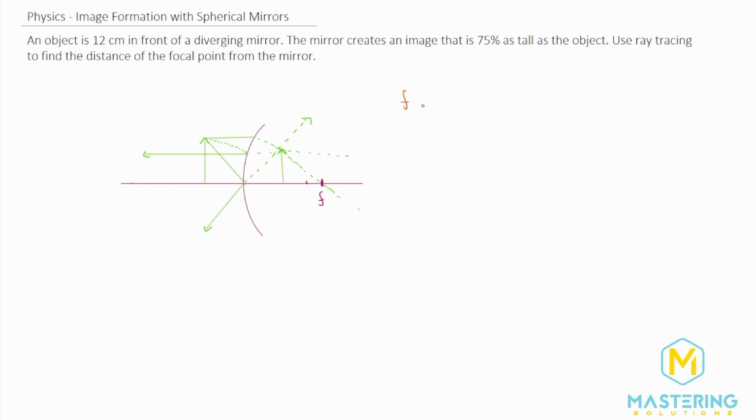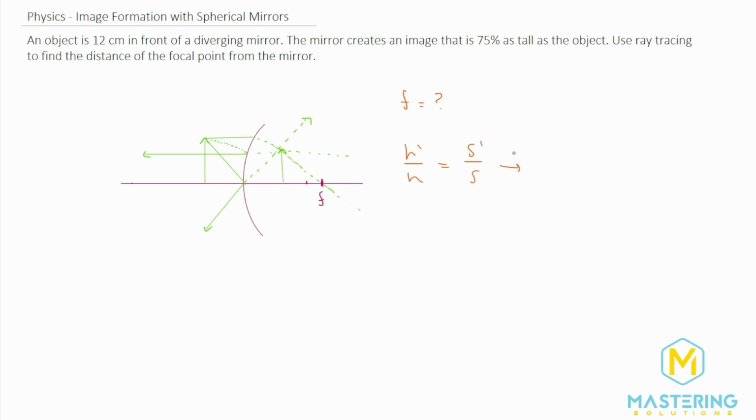So if we were to do this mathematically, we can use the relationship of h prime over h is equal to s prime over s. We want to isolate the image distance, right? Because we know how far away the object is.